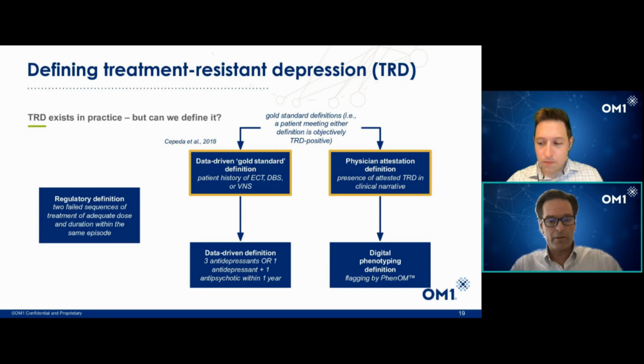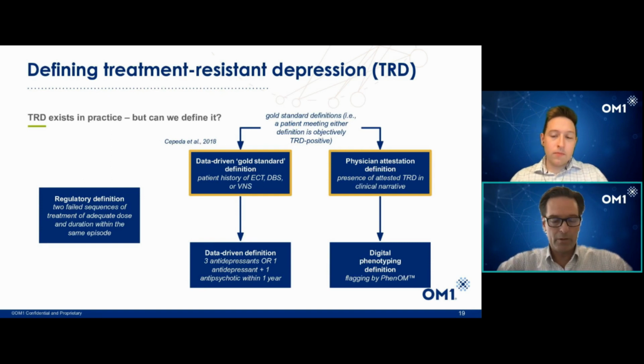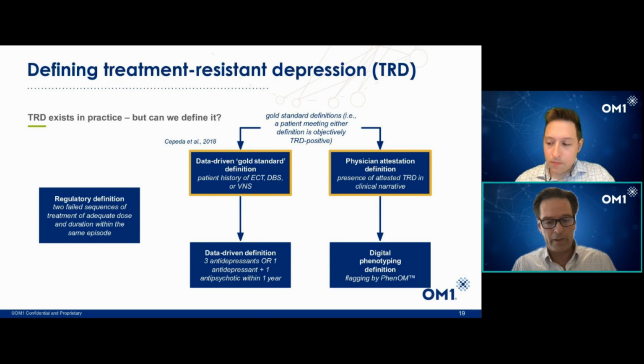And then the third definition is the one that you and your team created. And I just want to describe where we started. And this is unique to OM1 because we have the clinical notes. We actually used text extraction and medical language processing to identify what we refer to as clinician attestation. What does that mean?